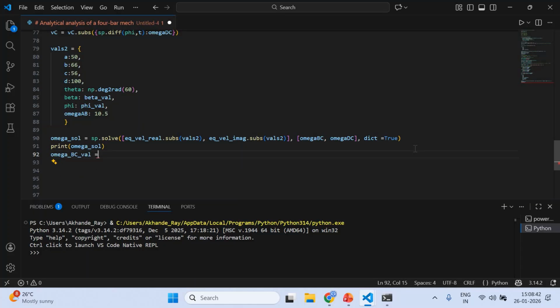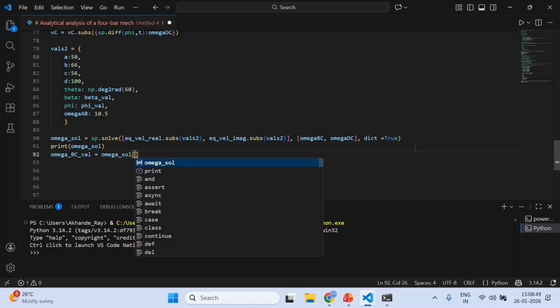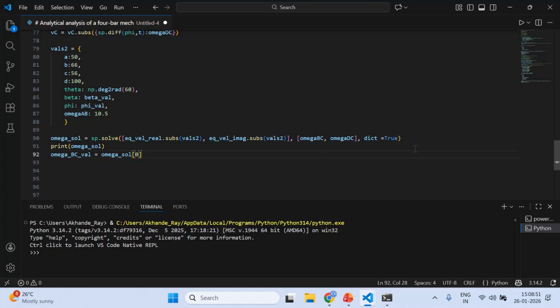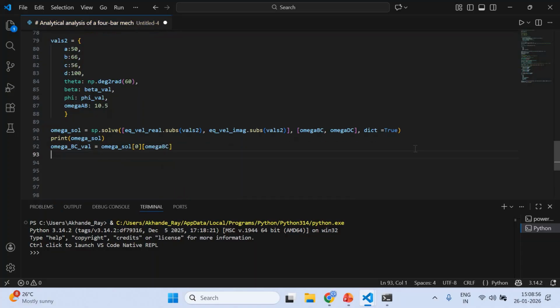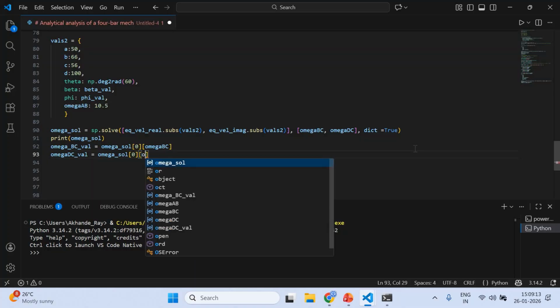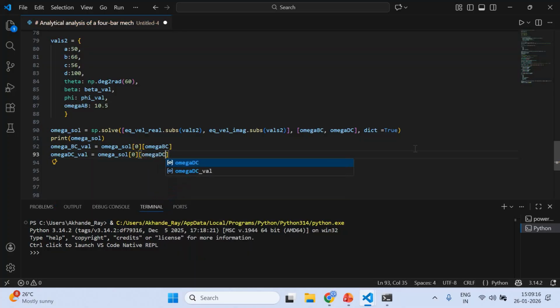Let us separate out this solution, omega underscore sol, then access the solution from the dictionary. So it is omega BC, and now here omega DC underscore well is equal to omega underscore sol. So we are simply accessing the dictionary, omega DC.